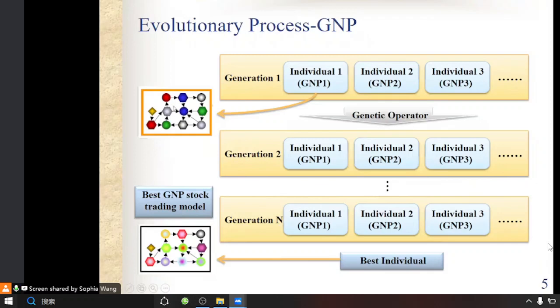And based on the GMP model, by using the genetic operators, we get the next generation. In this case, I want to show that you cannot only consider the individual. It's like human beings: the quality of the generation is increasing, right?